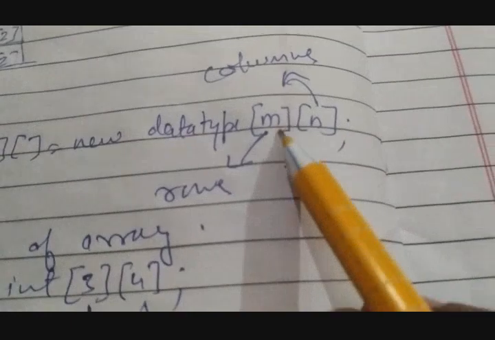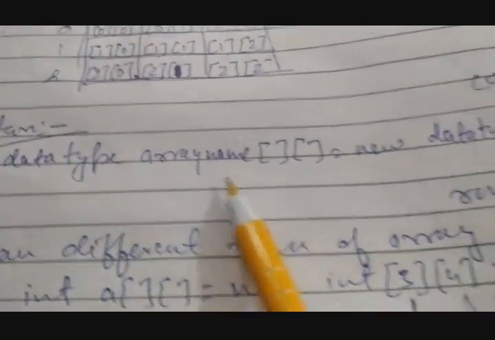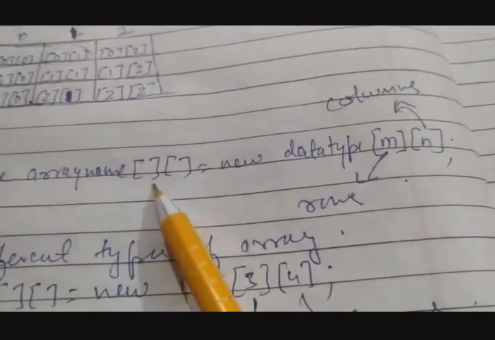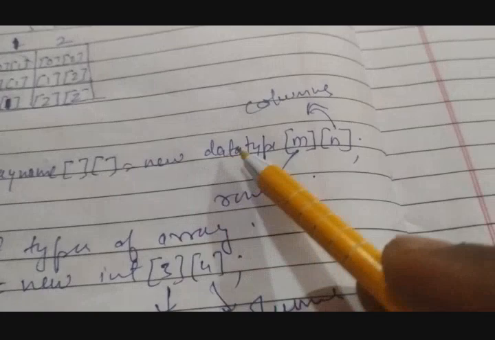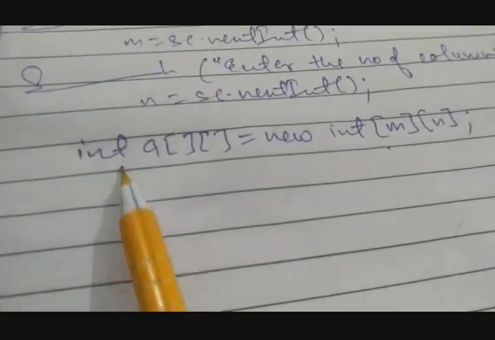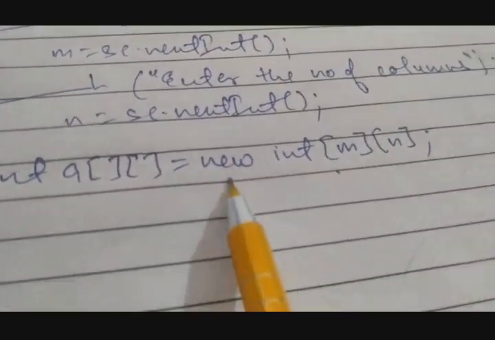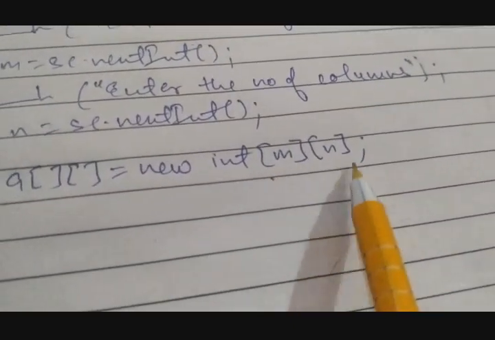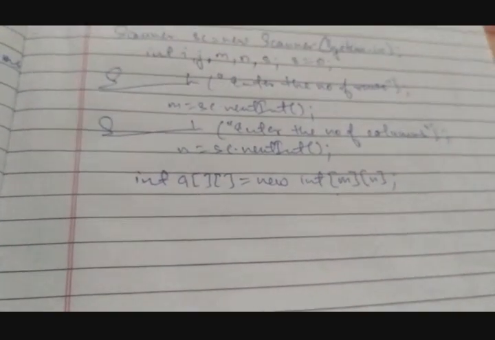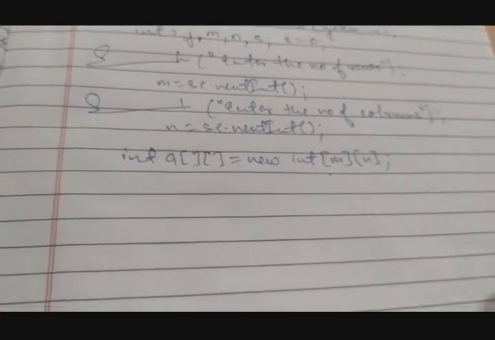So the data type is int, the array name is a, and these are the dimensions, rows and columns. Then the first part is over, size declaration, then array declaration, then element entry.